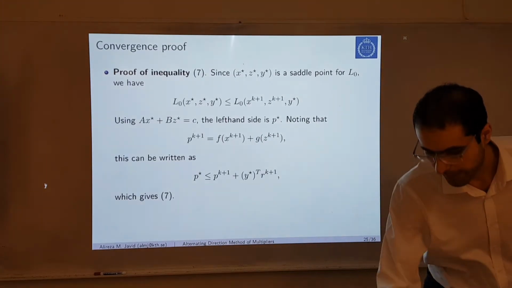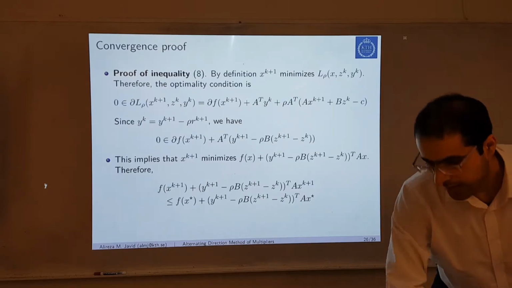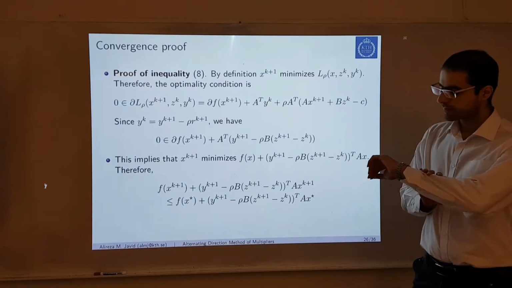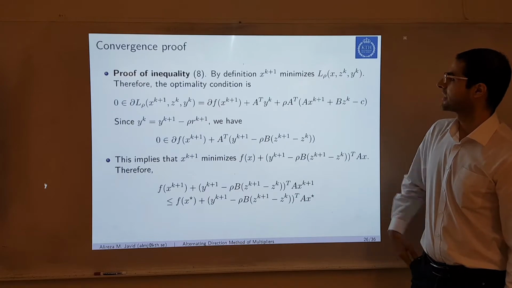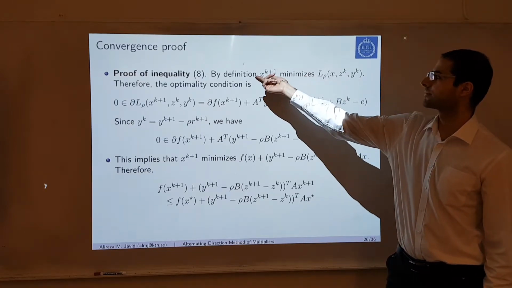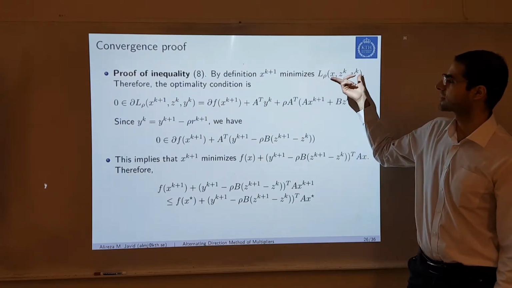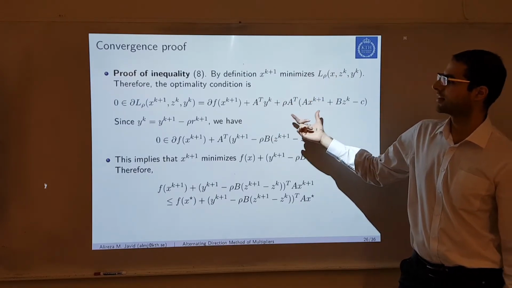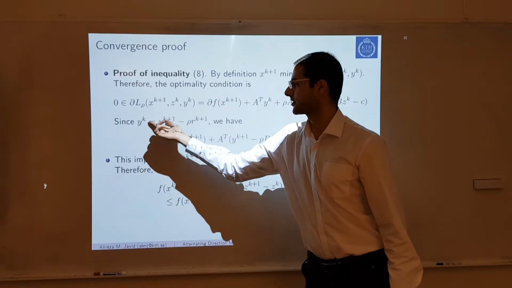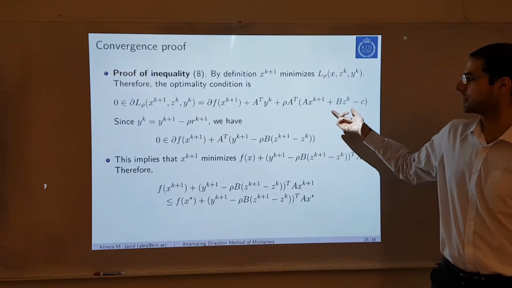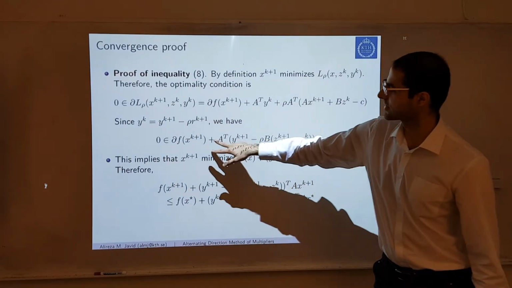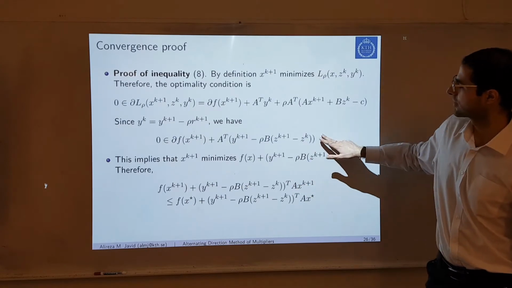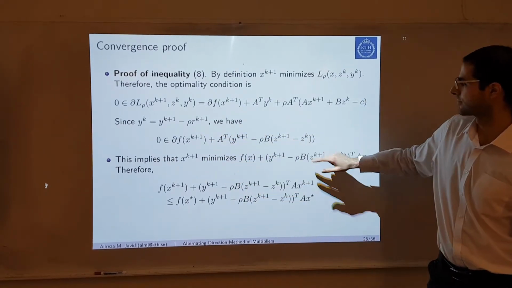Next inequality, we again use this trick. We know that by definition xk plus 1 minimizes the function, so we again write the subgradient. And you know that yk is by definition yk plus 1 minus rho r. So we can see that 0 is an element in this subdifferential. Okay?